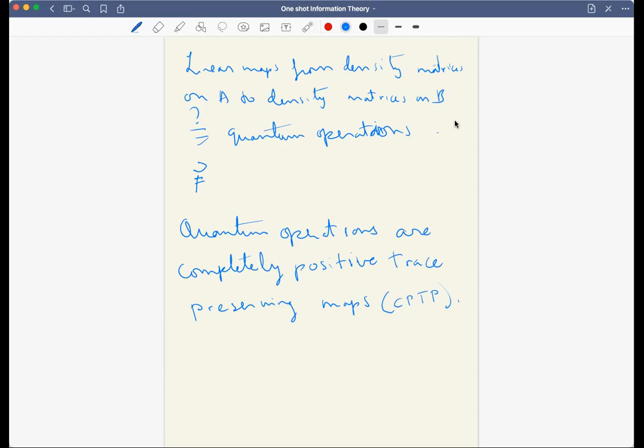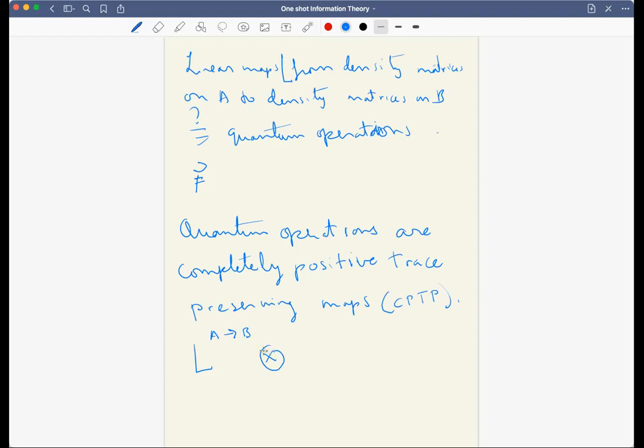Let me give the linear map a name, L. Remember, L takes density matrices on A to density matrices on B. That's what it does.